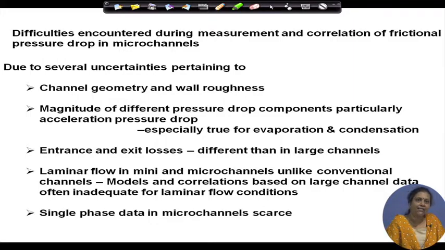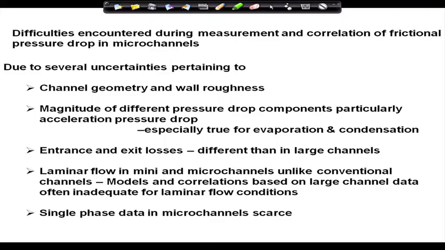So, therefore, acceleration pressure drop becomes more and more important as we minimize the conduit size even under adiabatic flow conditions, and naturally it is much more important when there is flow boiling associated with it. And finding out the component due to spatial acceleration is quite a decisive factor.